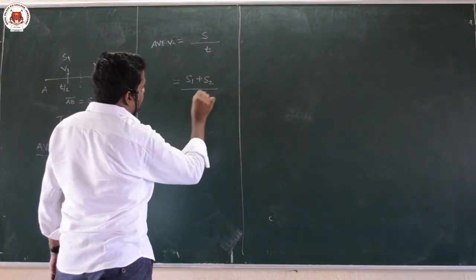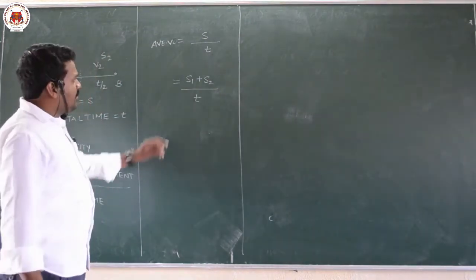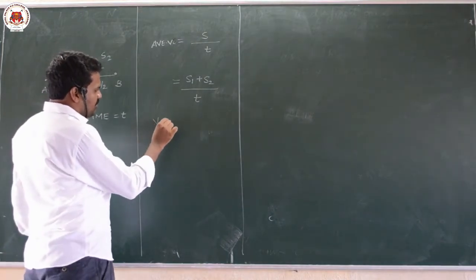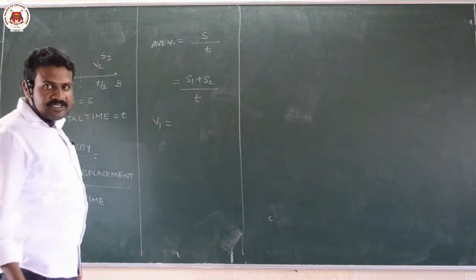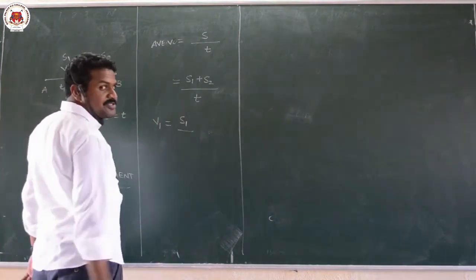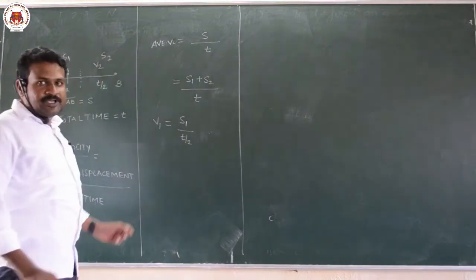by time t. Now for S1, the velocity in the first half of the journey is v1, which is equal to displacement S1 by time taken, which is half of the total, that is t by 2. Try to understand carefully here.